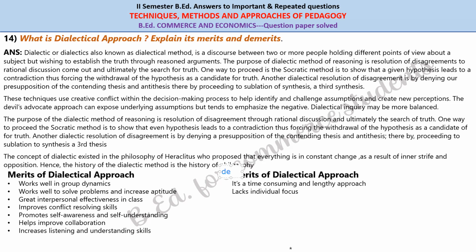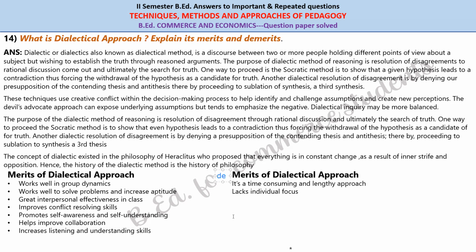So this is not merits, this is demerits of the dialectical approach. It is time consuming and a lengthy process, and it lacks individual focus.